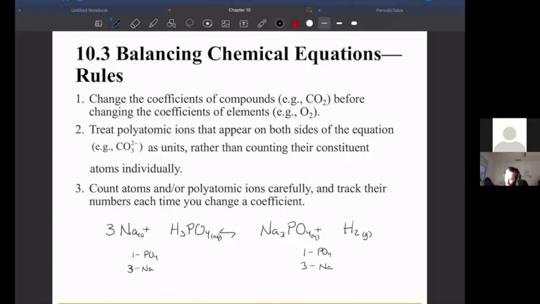And then now I get to my hydrogens. I have 3 hydrogens over here and 2 over here, right? 3 over here and 2 over here. So this now puts us in a little bit of a tougher spot, because it's not quite as easy to see what coefficient I'm going to put here to make those square up.